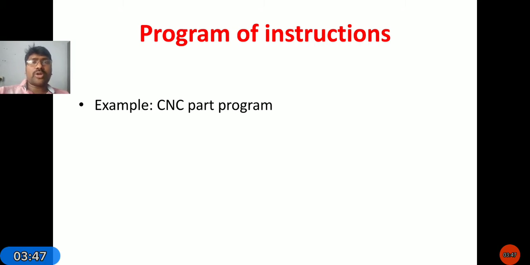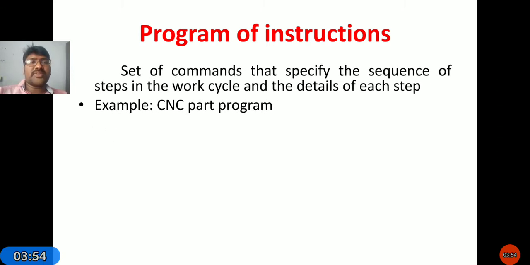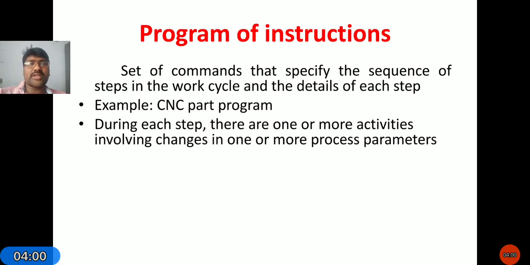Next, coming to the program of instructions. With the help of the program of instructions we operate the working process. For example, in CNC part programming, a set of commands specifies the sequence of steps in the work cycle and the details of each step.